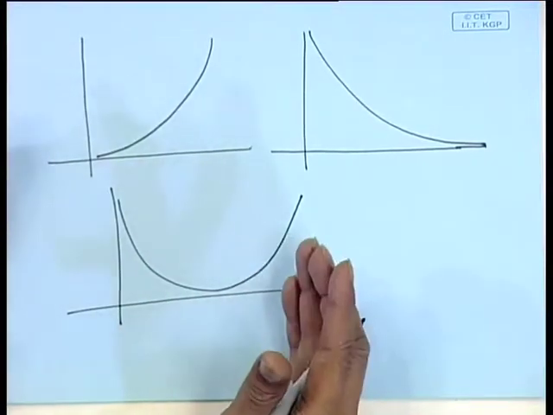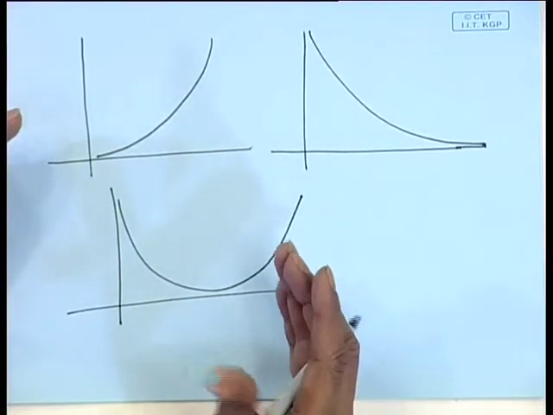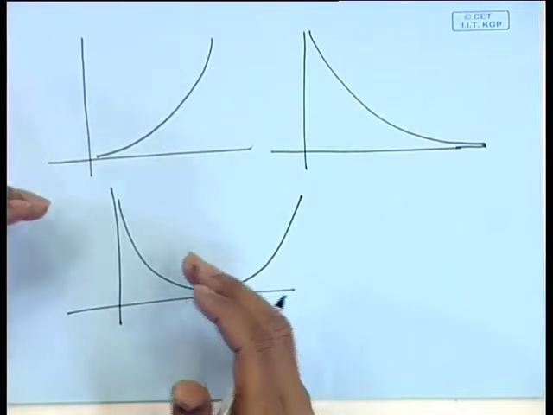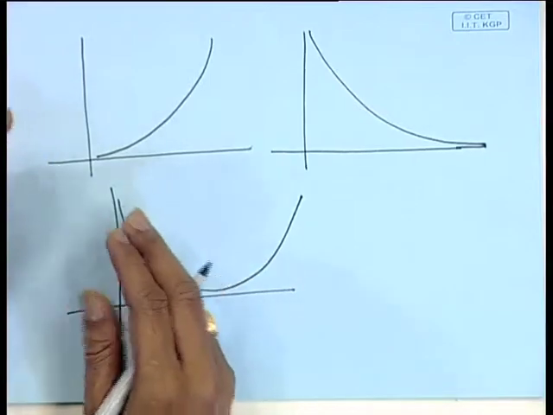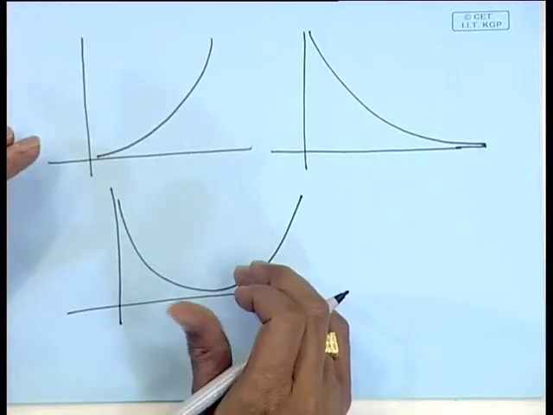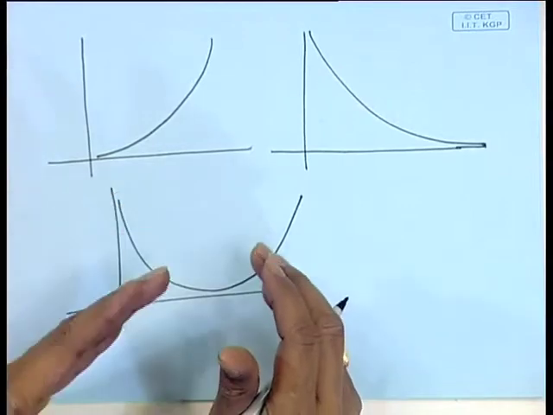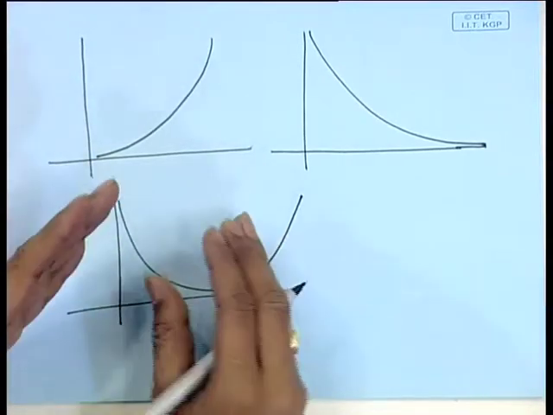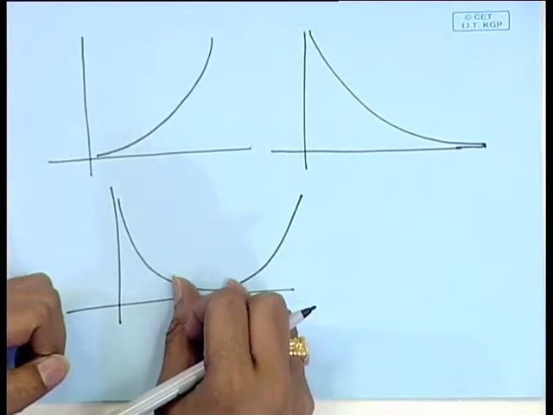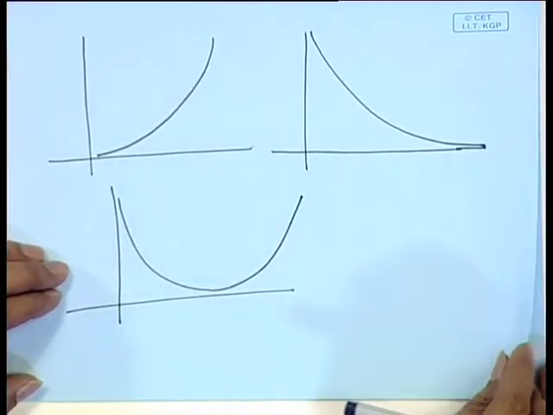But in some meteorological data, where you are looking at, say, cloudiness or burstiness or rainfall, sometimes it may happen that in the beginning there is more rainfall and in the end there is more rainfall and in the middle there is less, or the number of places where a less amount of rainfall is there or a more amount of rainfall is there is more, and where a moderate type of season is there, that number is less. So, in that case you will encounter an unusual shape curve, that is a U shaped curve.